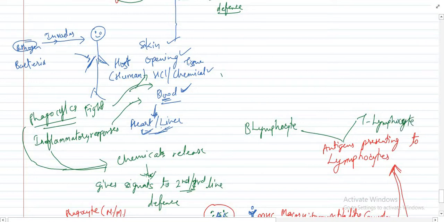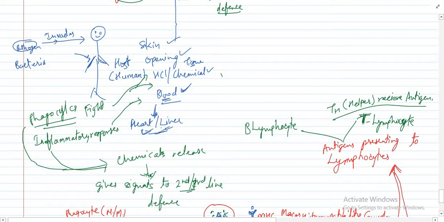These signals are received by these cells, and most probably it is always received by the TH cells, helper T cells. They receive the antigenic signal from the APC cell.